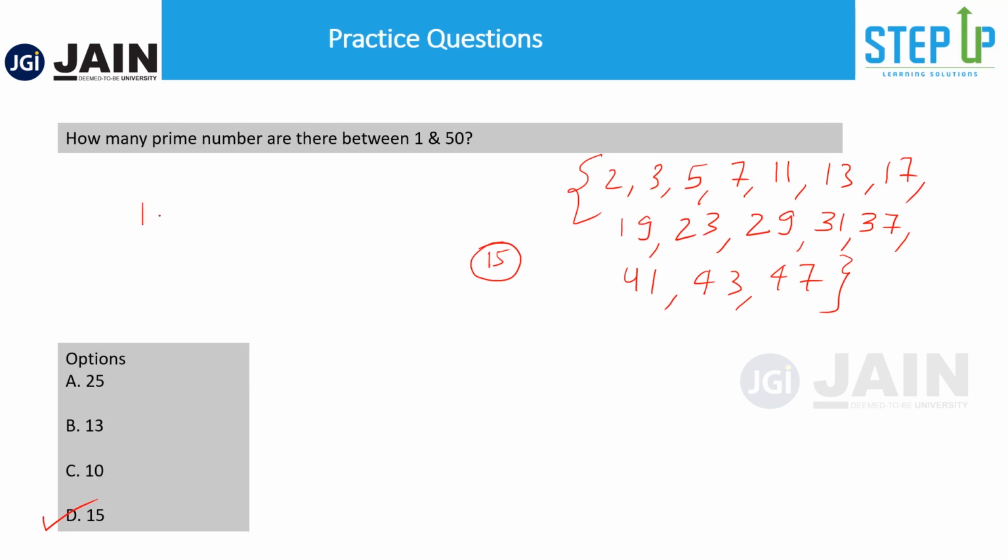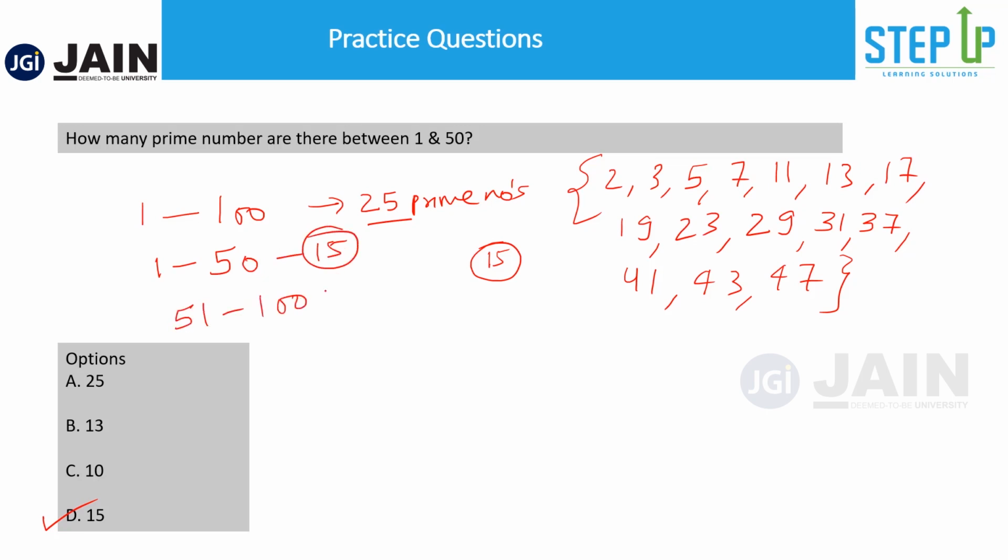From 1 to 100, there are actually a total of 25 prime numbers. This is something we should all know. And from 1 to 50, you have 15 prime numbers, which we just calculated, and from 51 to 100, you have 10 prime numbers. So this was fairly easy.